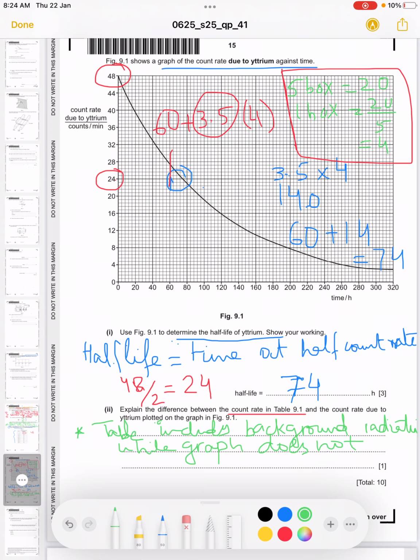And the second point is the graph has corrected count rate.